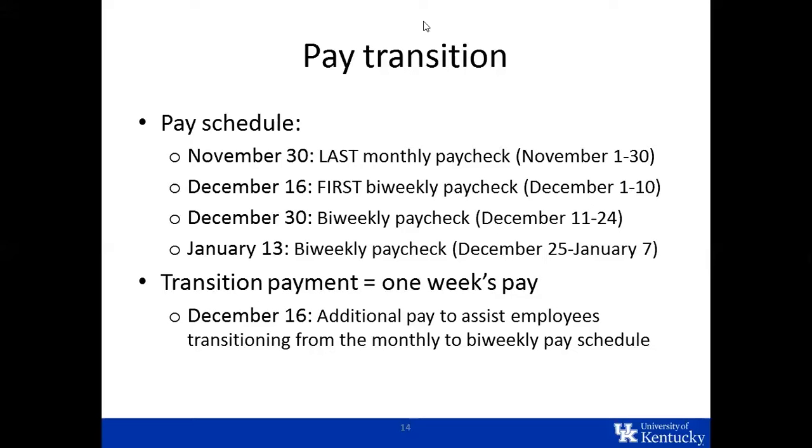This will ensure that for the month of December you would get the same amount of money and make you whole as you would if you were monthly, and it will help with that lag period that I was talking about. So on December 16th, you will get paid that 1 week of transitional pay plus those 7 working days that would naturally have come into that first biweekly paycheck.